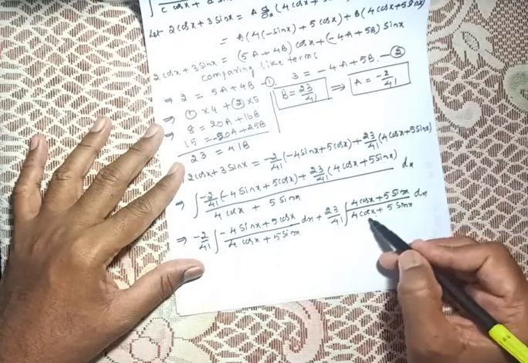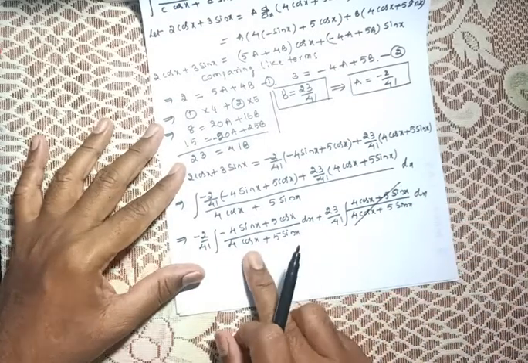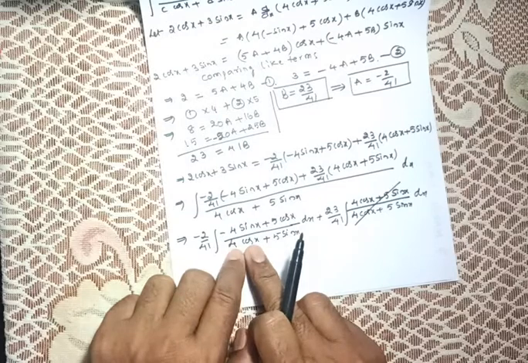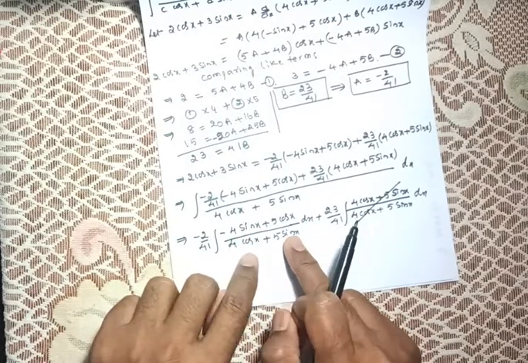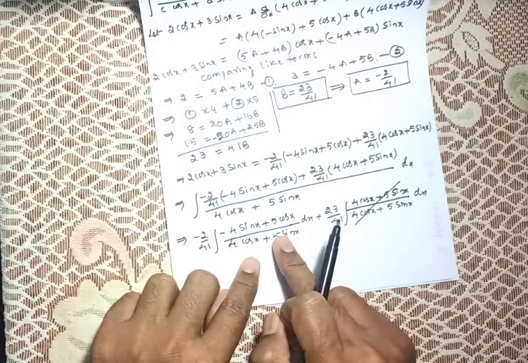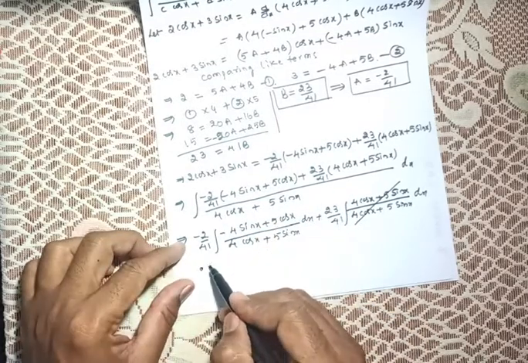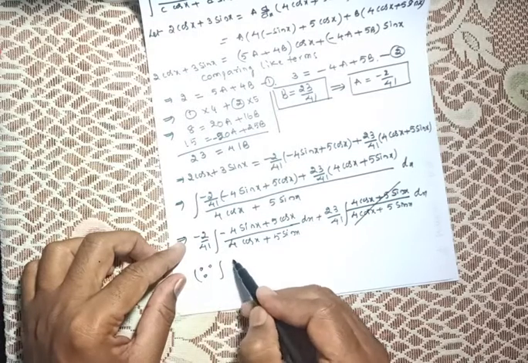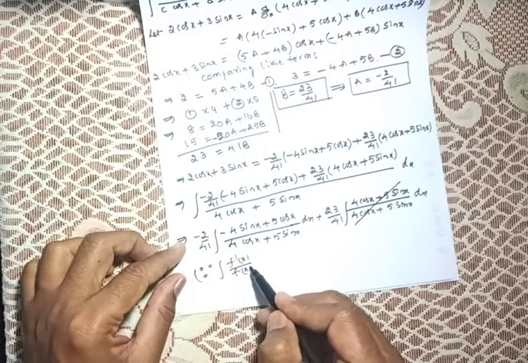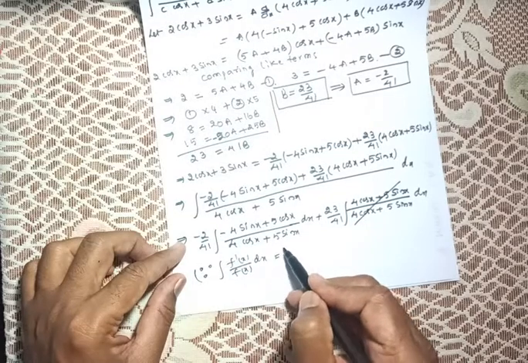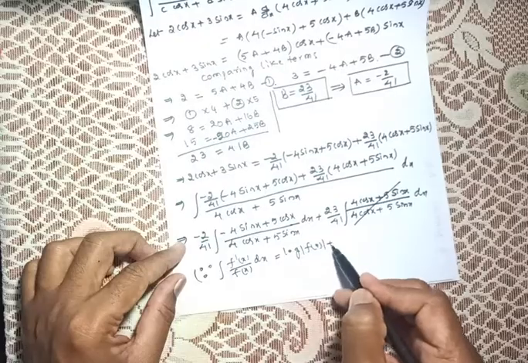If you observe, in the second term these two are the same, so they will be cancelled. In the first term, the derivative of cos x is minus sin x, with 4 the same, and the derivative of sin x is cos x, with 5 the same, so it is f dash of x by f of x. The formula for the integration of f'(x)/f(x) dx is log mod of f(x) plus c.